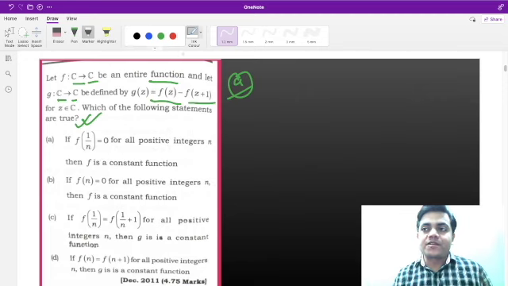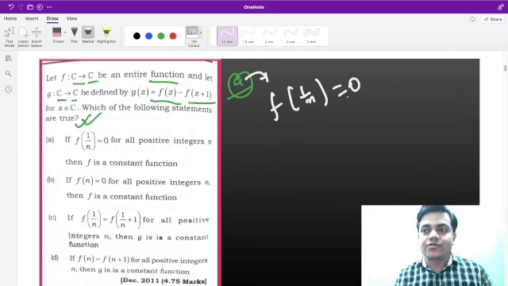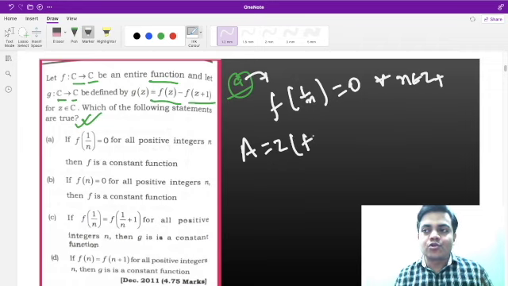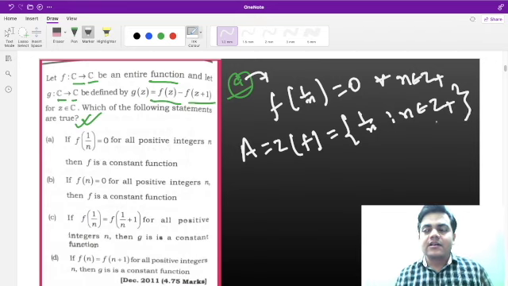For option A, it is given that f of 1 by n is equal to 0 for all n belonging to z plus, for all positive integers. If you write A, the zeros of f, it is nothing but 1 by n such that n belongs to z plus, isn't it?